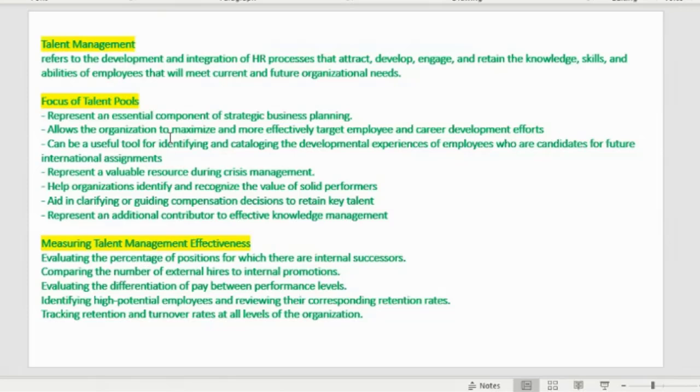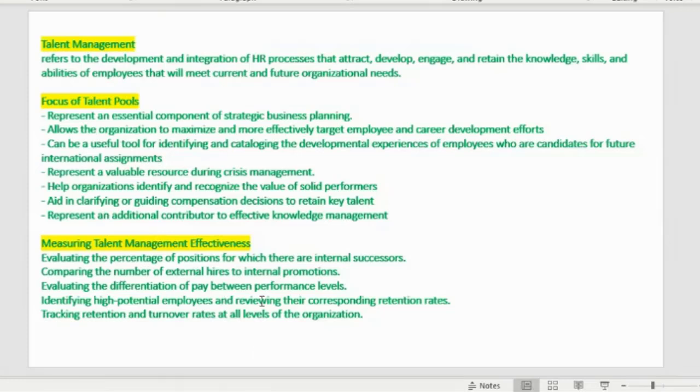It represents a valuable resource during crisis management. It helps organizations identify and recognize the value of solid performers. It aids in clarifying or guiding compensation decisions to retain key talent. It represents an additional contributor to effective knowledge management. So that's the focus of talent pools.